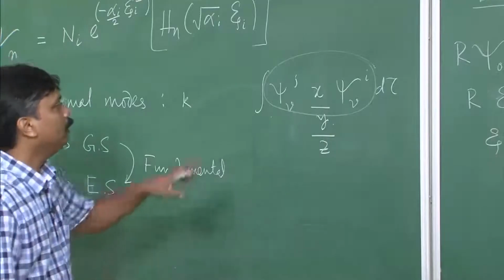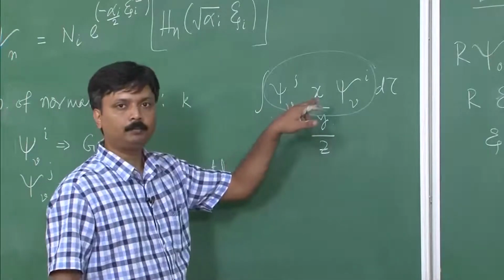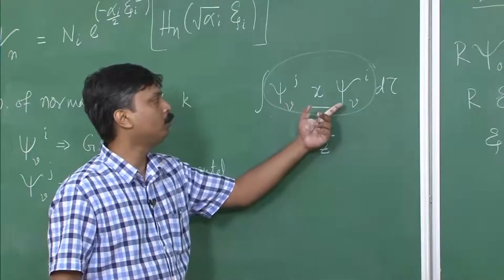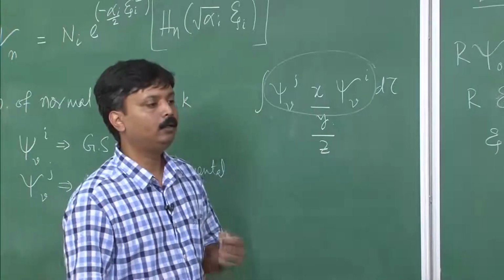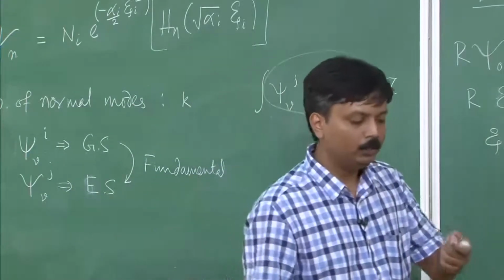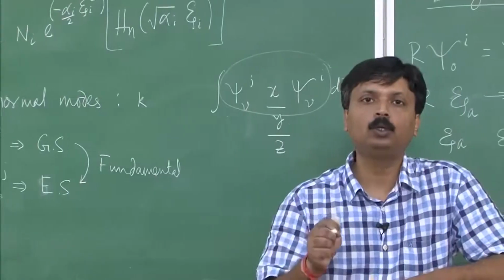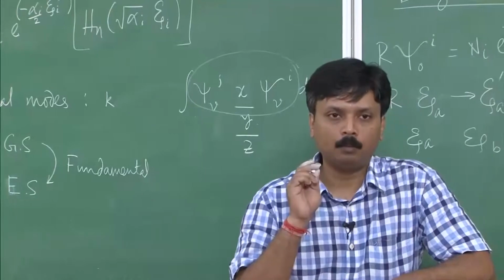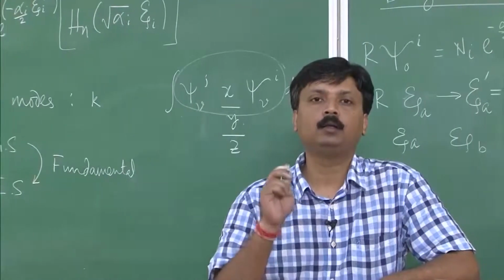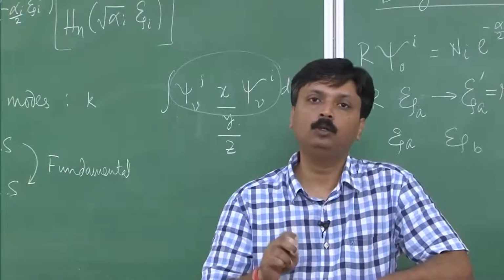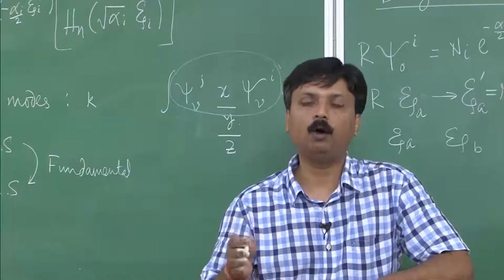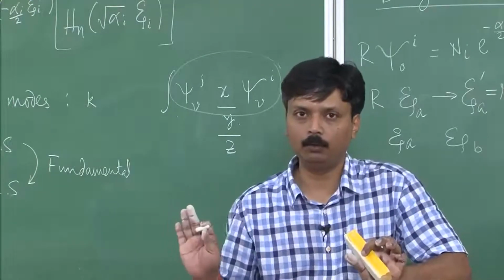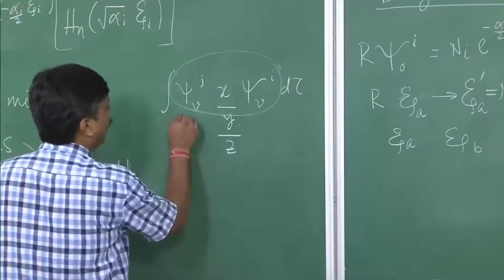The infrared transition is possible only when the irreducible representation corresponding to the excited state wave function is the irreducible representation to which either x or y or z belongs. Then only can I have the transition. So that is my selection rule. This one I need not worry about.